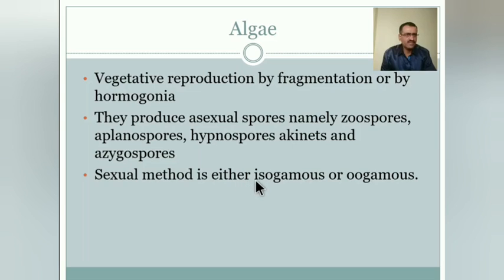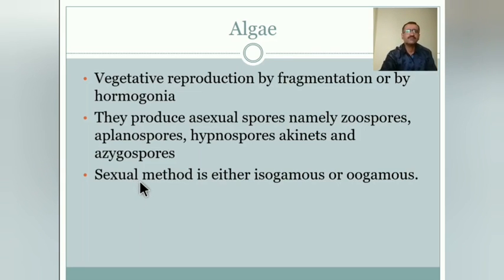The gametes are the same in characteristic and shape also, so they are known as isogamous. In the oogamous condition, the female sex organ is much larger than the male sex organ, so it is known as the oogamous type. In this way, these are the sexual methods, and with the help of them the algae can reproduce. These are the main characteristics of the algae.